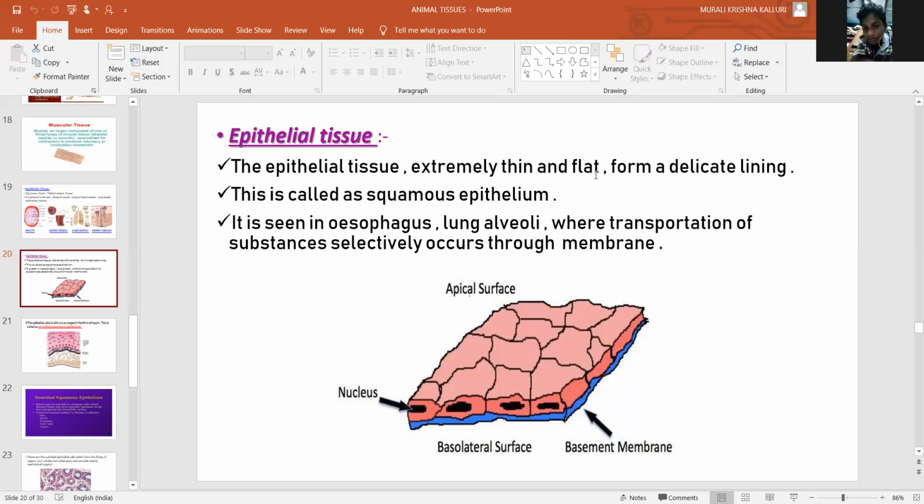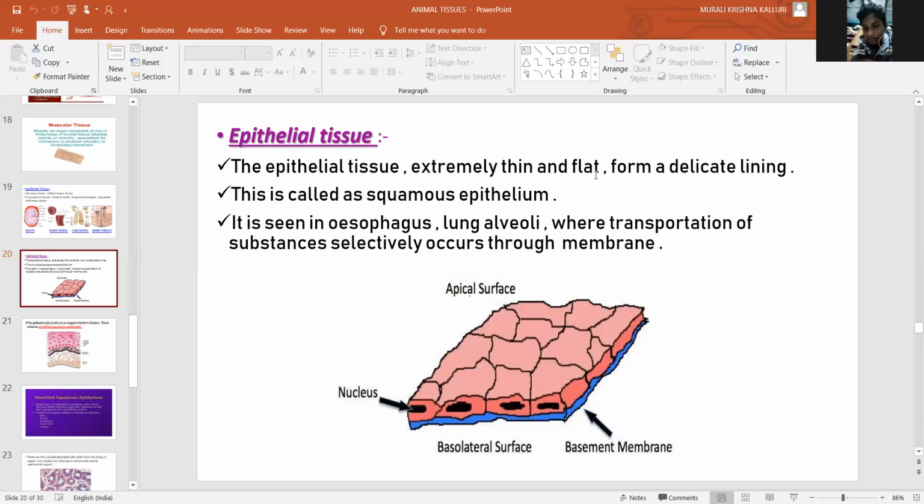Next, it is called squamous epithelium. The epithelial tissue is very thin and flat and forms a delicate lining. That delicate lining is called squamous epithelium.